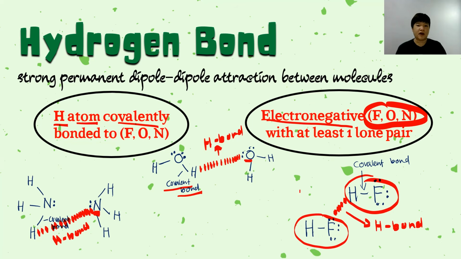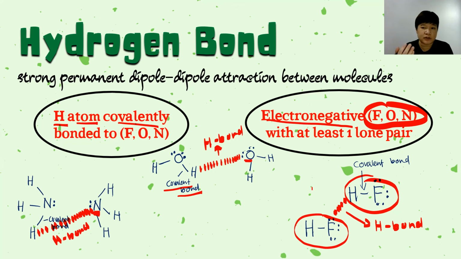So the condition for hydrogen bond is the hydrogen atom must be covalently bonded with F, O, or N, and then the hydrogen will form attractive forces to the electronegative atom F, O, or N that is holding at least one lone pair. That is what we call hydrogen bond.